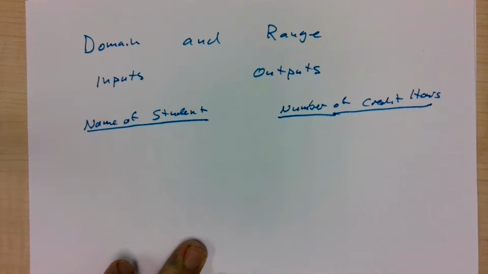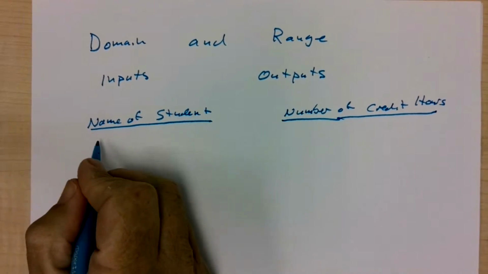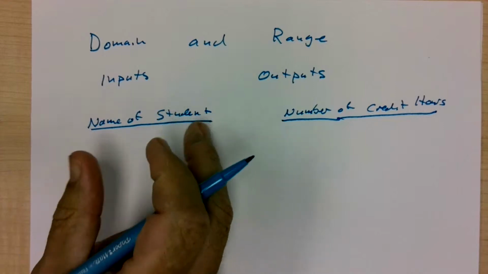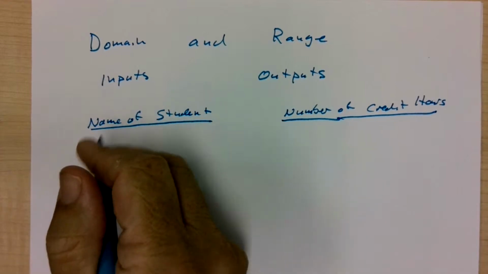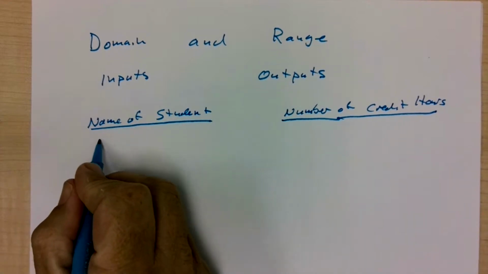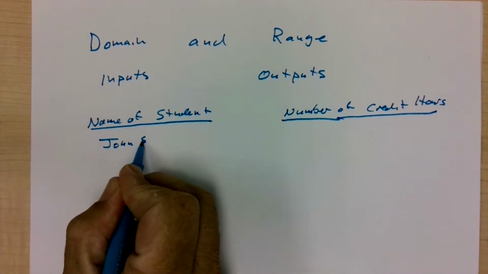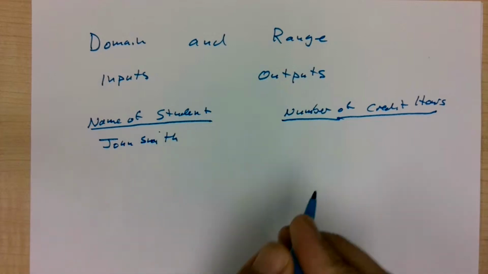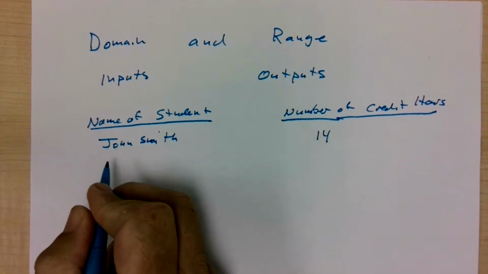So as of, let's say, the 10th day of the semester, we have students' IDs at a certain school, so all of them are different, and the number of credit hours is unique. So let's just go ahead and say John Smith. Of course, there could be more than one John Smith. We will assume that John Smith is a unique student and he has 14 credit hours.